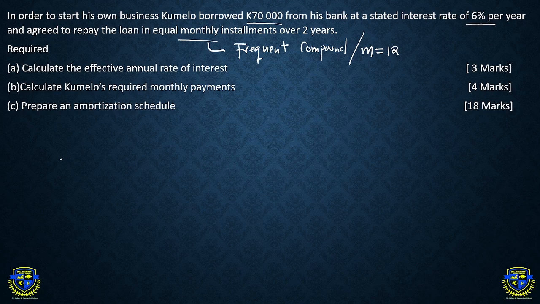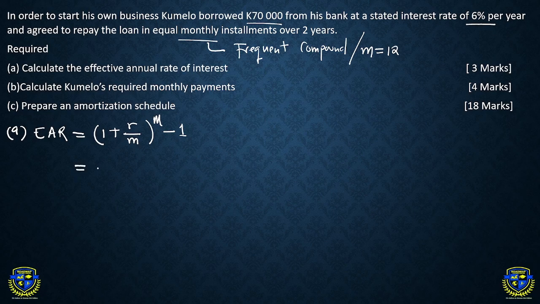The effective annual interest rate. So what do we do there? We are told that the effective annual interest rate is equal to (1 plus R divided by M) to the power M, then minus 1. So we say 1 plus the rate there being 6%.